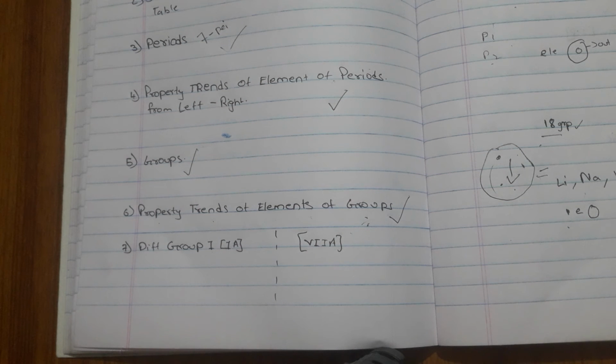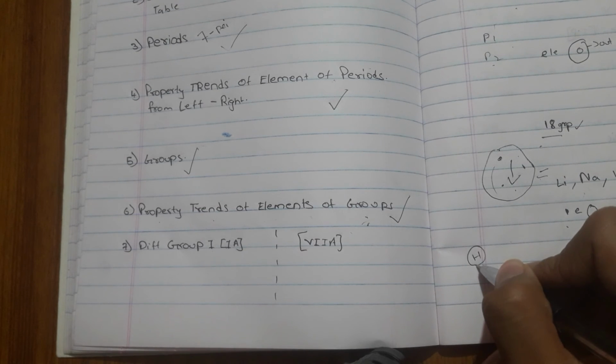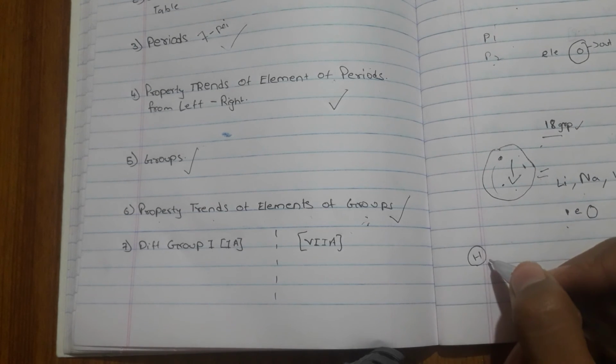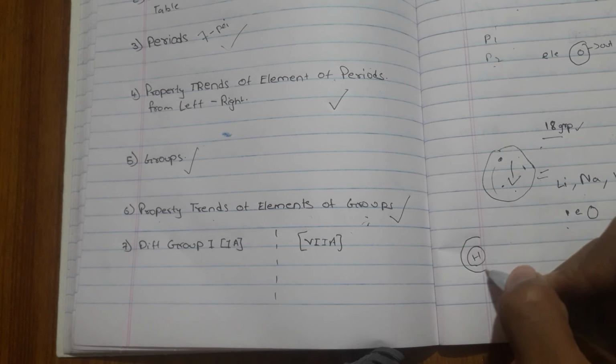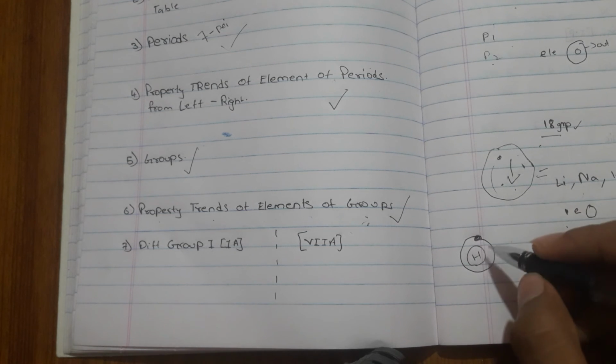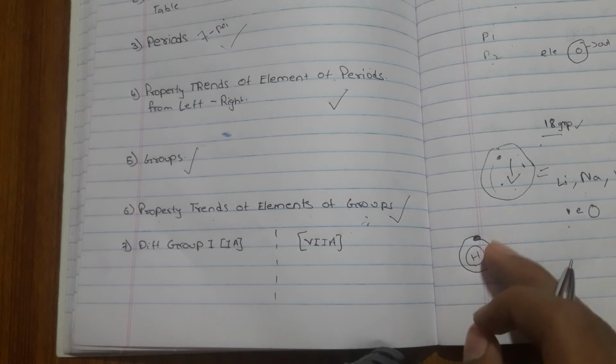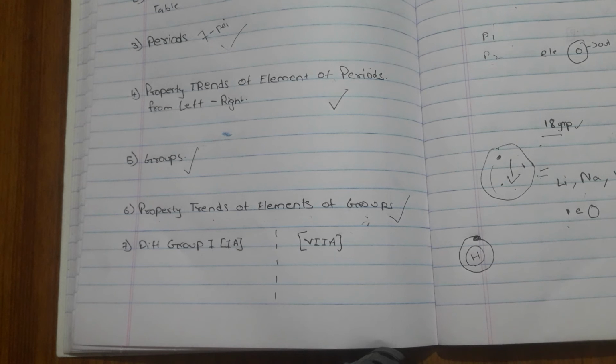What is the valency of 1A? They are univalent. That means they have only one electron in the outermost shell. For example, if you take hydrogen, it has only one electron in its outermost shell. If you take another element from group 1, it too has one electron in its outermost shell.